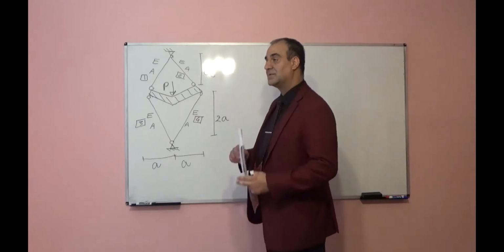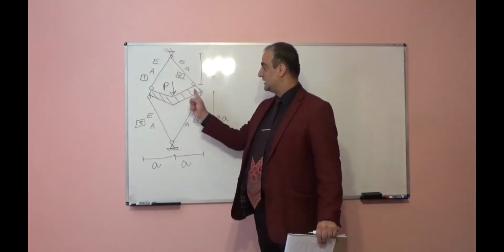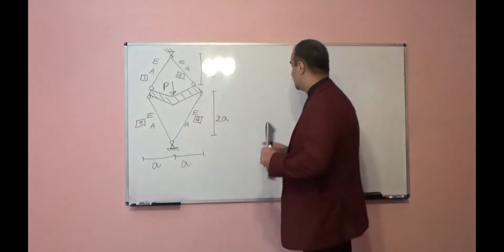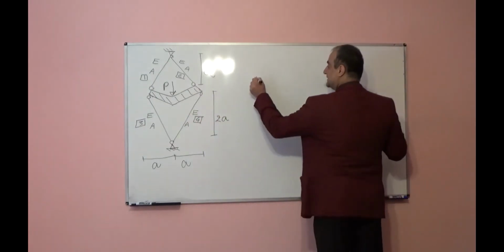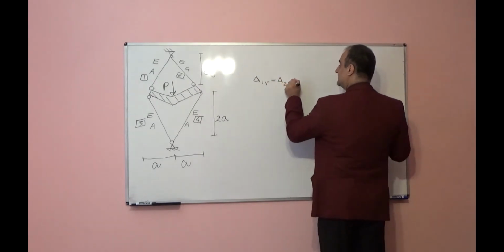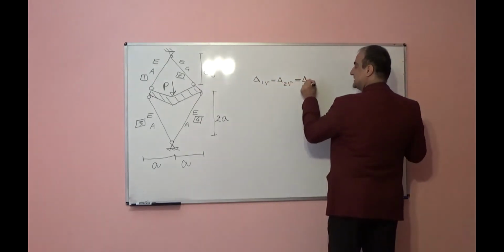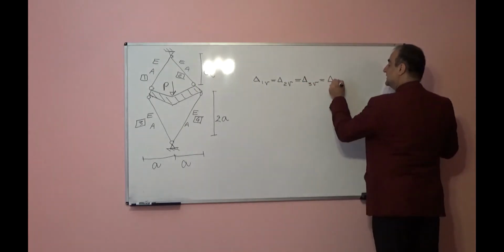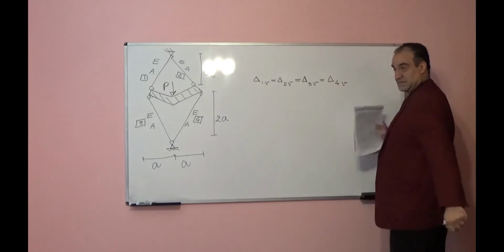But the amount of deformation, elongation and contraction, should be equal in the vertical direction. So delta 1 in the vertical direction is equal to delta 2, equal to delta 3, equal to delta 4 in the vertical direction.